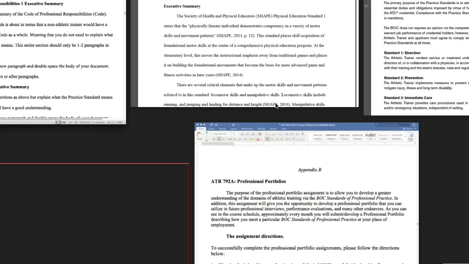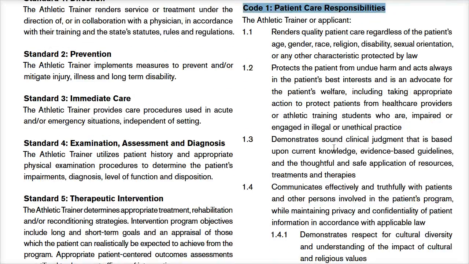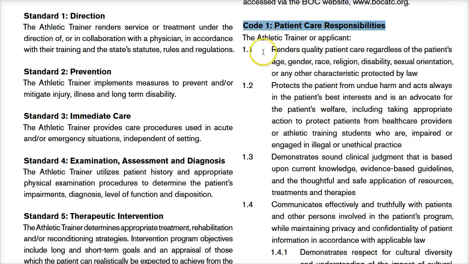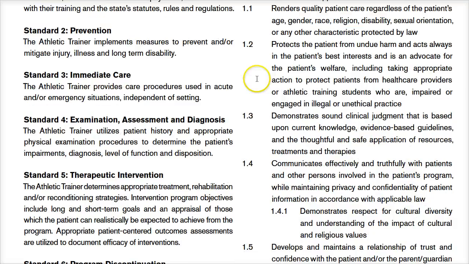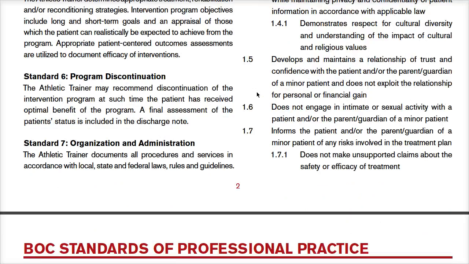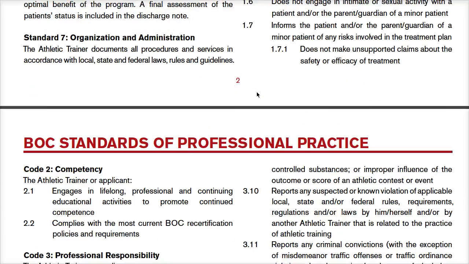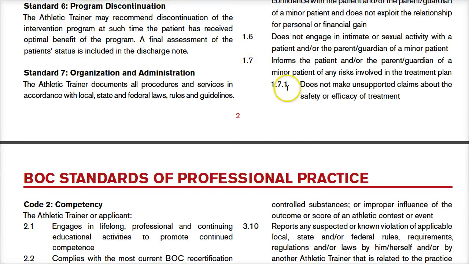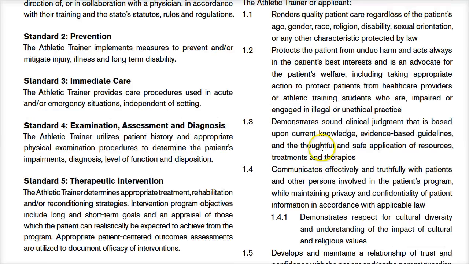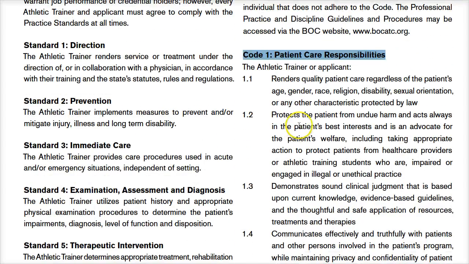Now, what I don't want you to do, you'll see within the code here, there's code 1.1, 1.2, 1.3, and so on, all the way down to 1.7.1. I do not want you to explain each one of these subpoints.